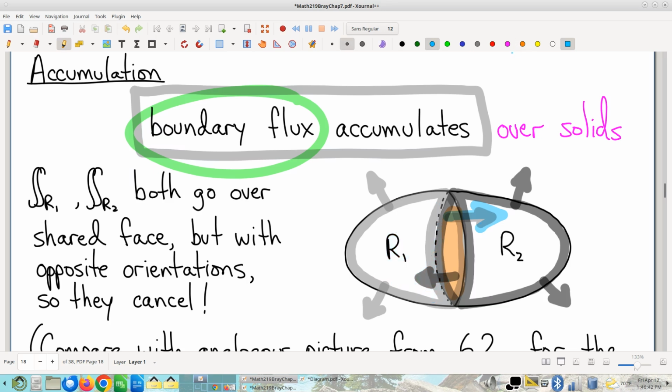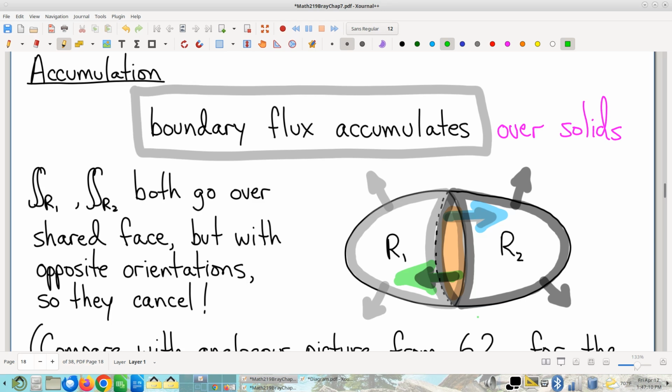But as part of the boundary of R2, that same face, away from the solid, is that way. And so, yes, while it is true that when you cut this solid into pieces, you're creating new boundary, of course, there's a new face right there.